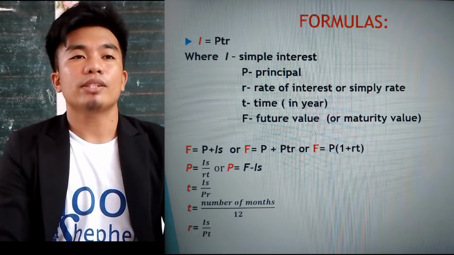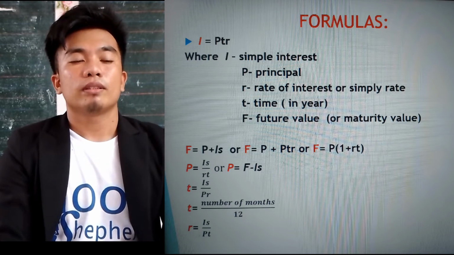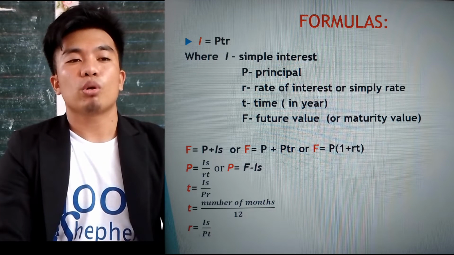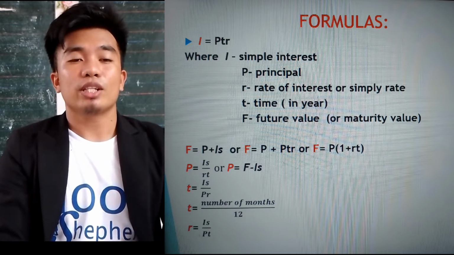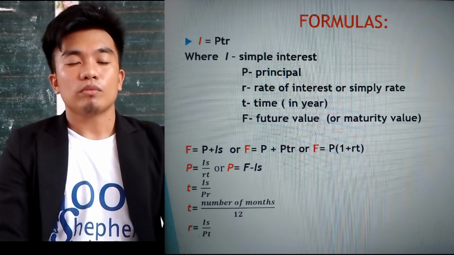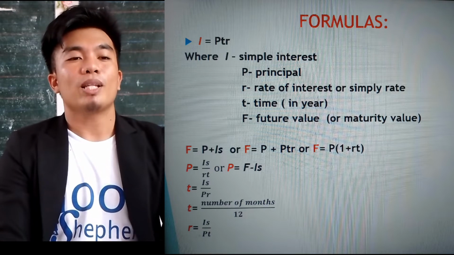The principal's formula is interest over rate times time, or we can also use the future value F over open parenthesis 1 plus rate times time. And the time formula is interest over principal times rate.